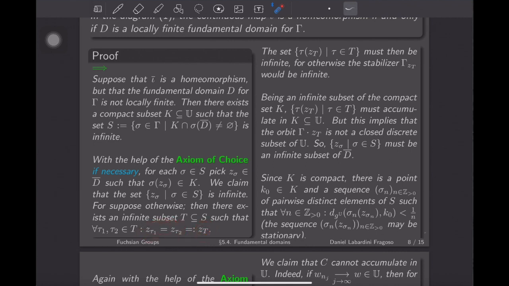So this T is the preimage of that, and this would be infinite. Now, S is an infinite subset of gamma, so T would also be an infinite subset of gamma.